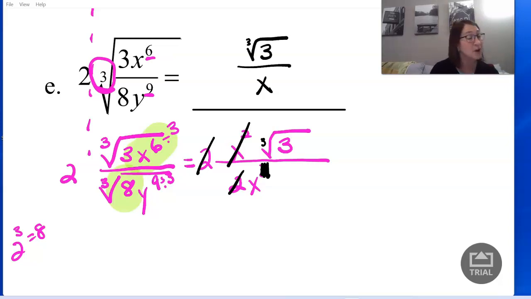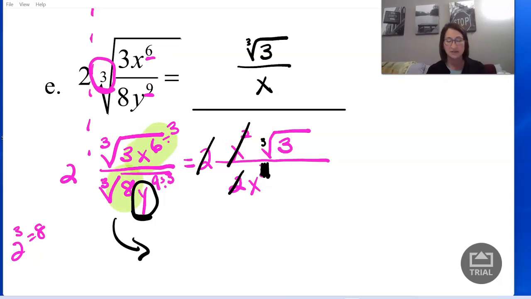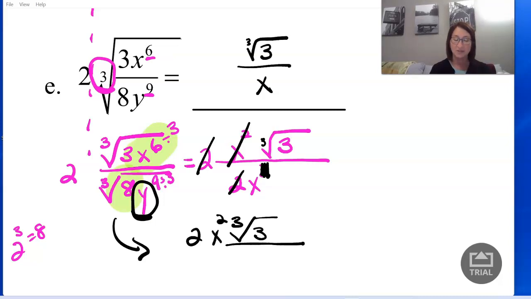I'm looking at my notes here and I made a mistake. That is not an x in my denominator. That would be a y. All right, if those were x's, what I did was correct, but it's not. So we are going to redo this. Let's bring out our 2, leave our fraction bar. We've got the cube root of 3 in the numerator, and we still can pull out that x squared.